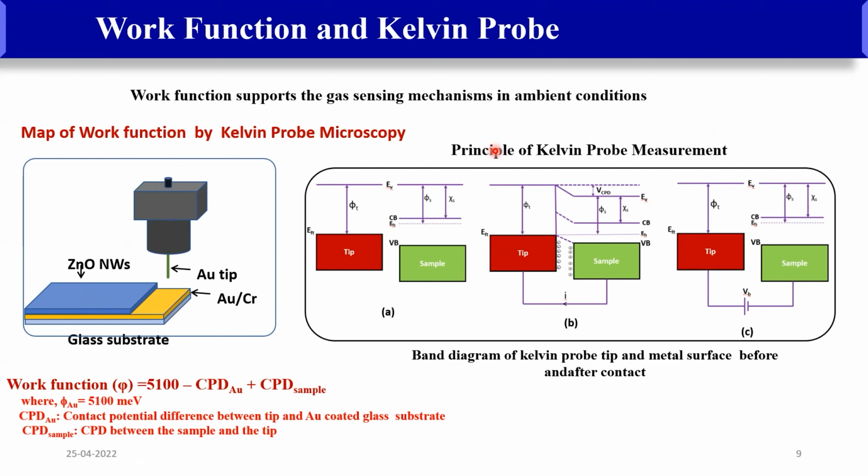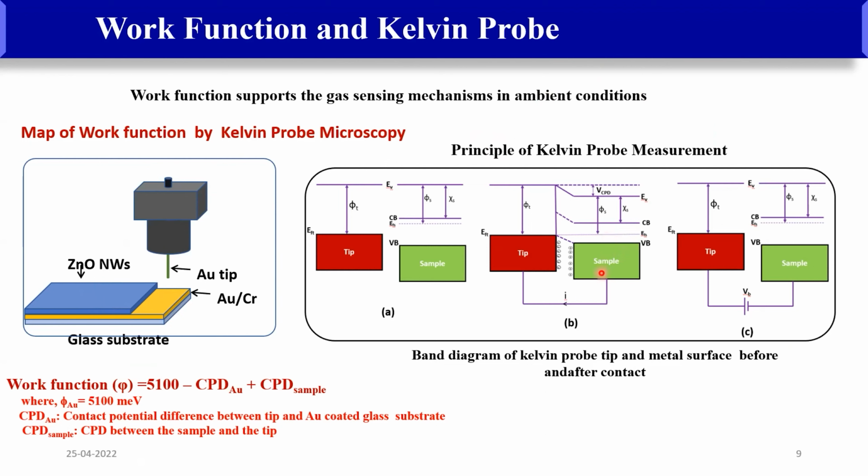And here is the principle of Kelvin probe measurement. In the Kelvin probe working principle, an electrical force is generated between the tip and the sample surface due to the difference in the Fermi level of the tip and sample. When the system is at equilibrium, there is an alignment of Fermi levels due to band bending between tip and sample.